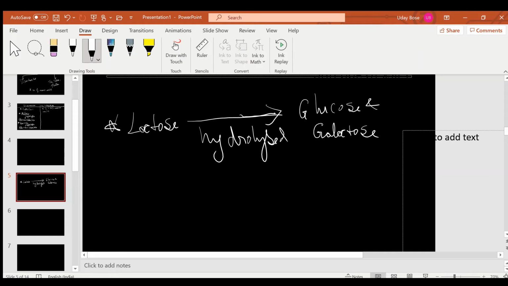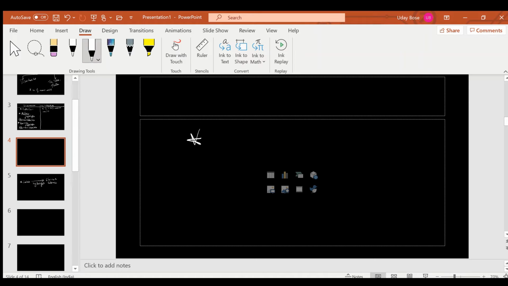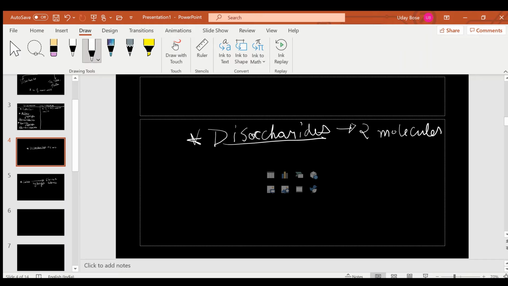That is why it is a monosaccharide. In the case of disaccharides, the name itself suggests it: di means two molecules of monosaccharide. This is very important. Disaccharide means two molecules of monosaccharide after hydrolysis.